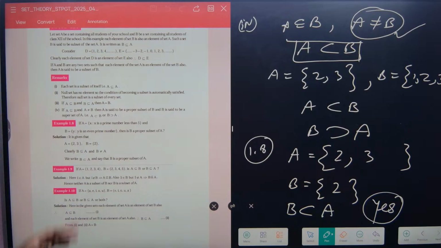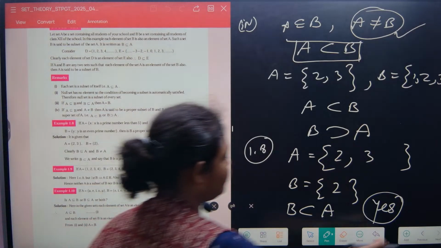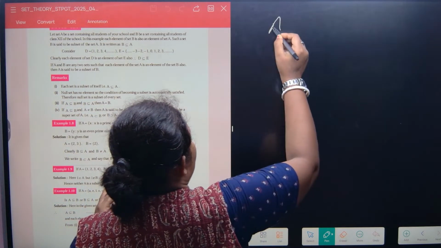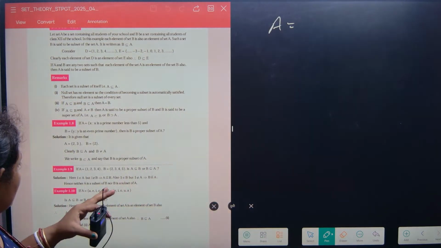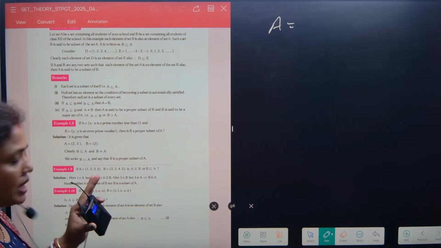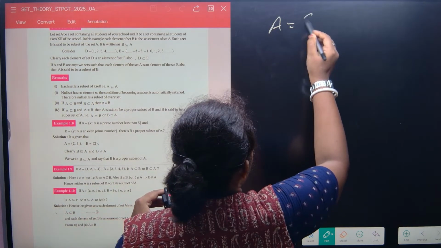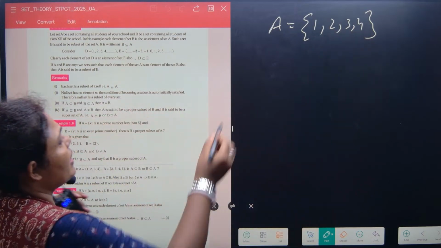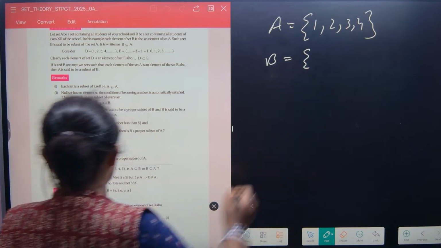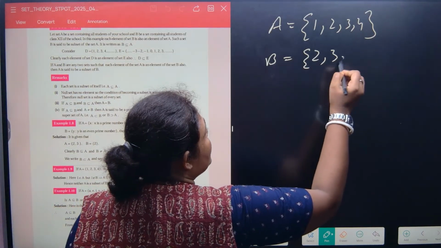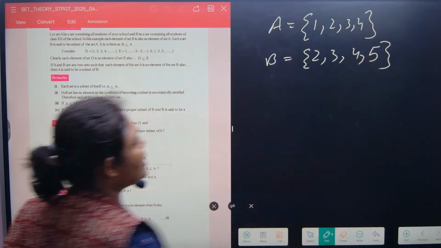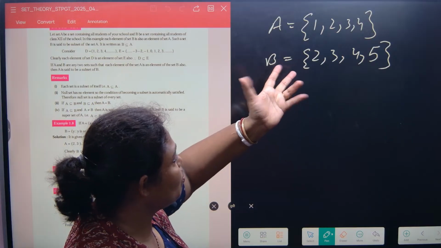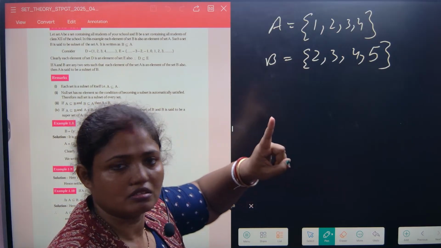Next, 1.9, right? In 1.9 what we have? A and B. They are asking the question, is A a subset of B? So just check it. Okay, 1, 2, 3, 4, and in B what we have? 2, 3, 4, 5. Okay, see, they have almost the same elements, but neither is a subset of the other.